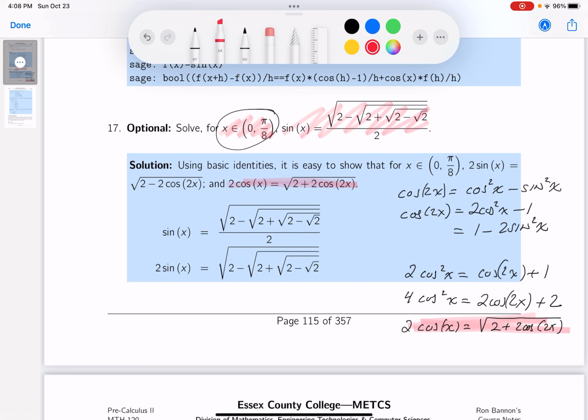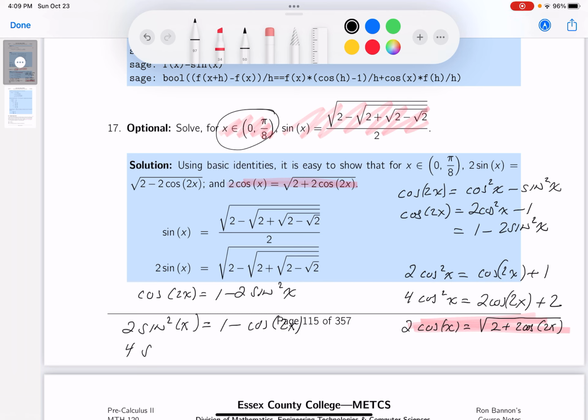And let's write another important fact down. So the cosine of 2x is also equal to 1 minus 2 sine squared x. So I'm going to say 2 sine squared x is 1 minus cosine of 2x. Multiply both sides by 2.